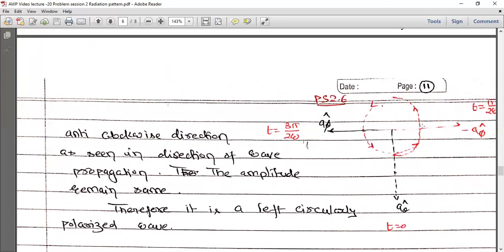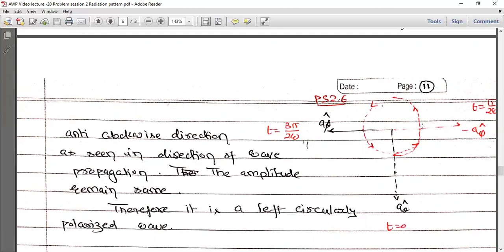Hence, what will be the path traced by the tip of the electric field intensity as the observer sees it? It is a circle, as you can see, and this circle is rotating in the anti-clockwise direction. Since the path traversed by the electric field phasor, as seen in the direction of wave propagation, is a circle, it is a circularly polarized wave, number one.